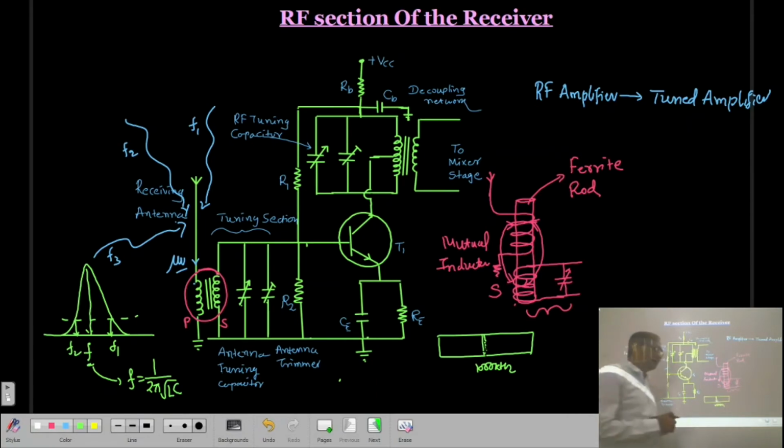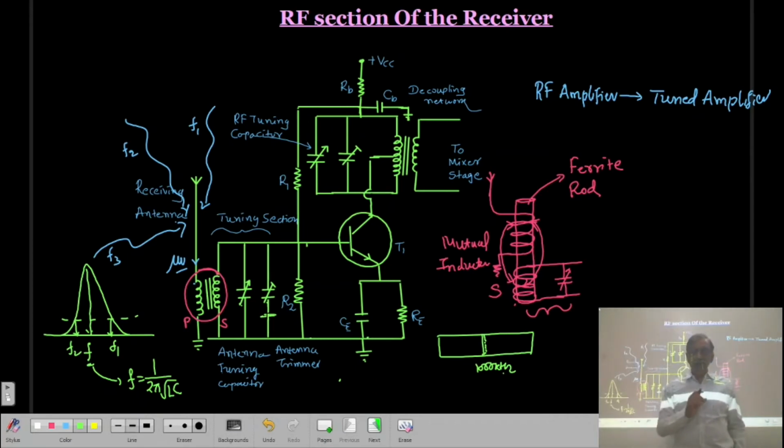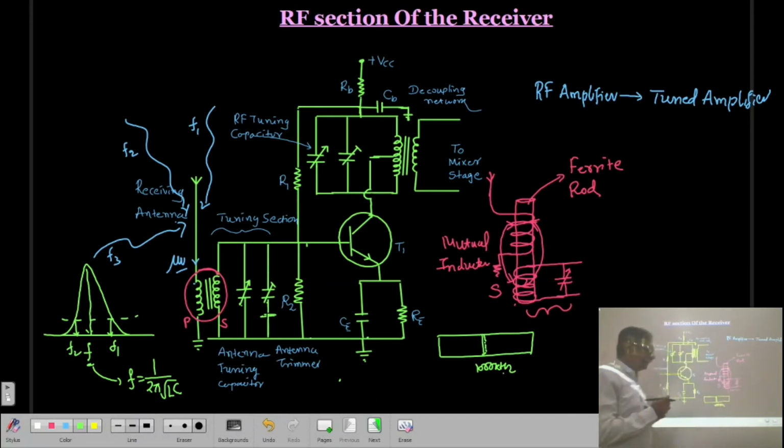So, for this kind of alignment, you can use this trimmer capacitor. So, what you have to do? You have to set your pointer on 1000 kilohertz and change the position of the trimmer capacitor so that you will get a maximum sound in the radio. So, the minor correction of your tuning frequency is possible with the help of a trimmer capacitor.